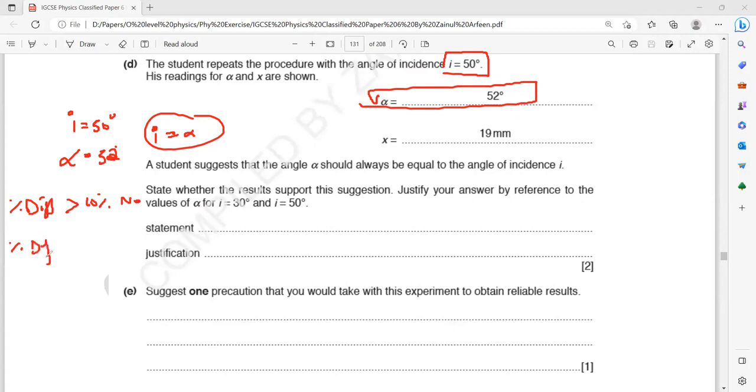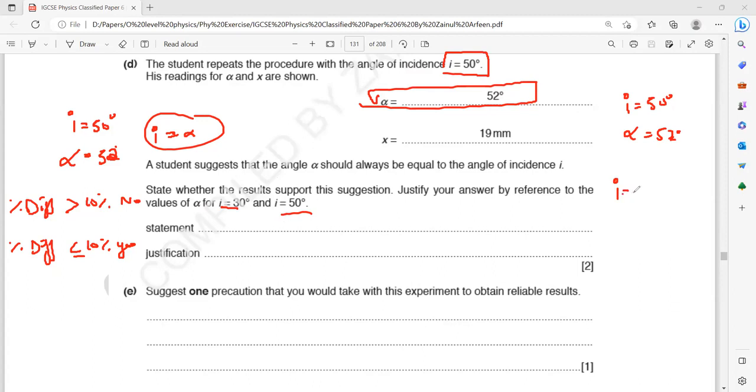But if the percentage difference between the two values is less than or equal to 10%, then we'll say they are within the limit. So if I want to identify whether the angle of incidence, which is 50, and alpha, which is 52, are equal, I can work out the percentage difference.